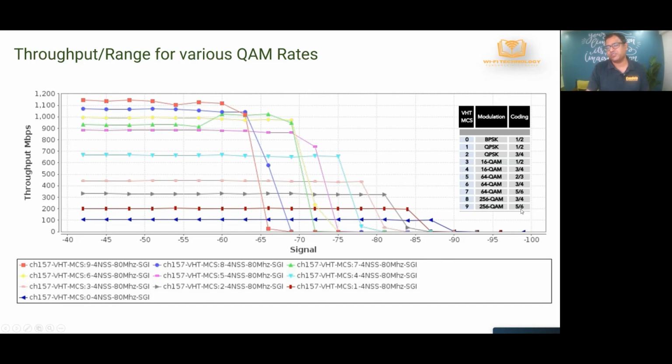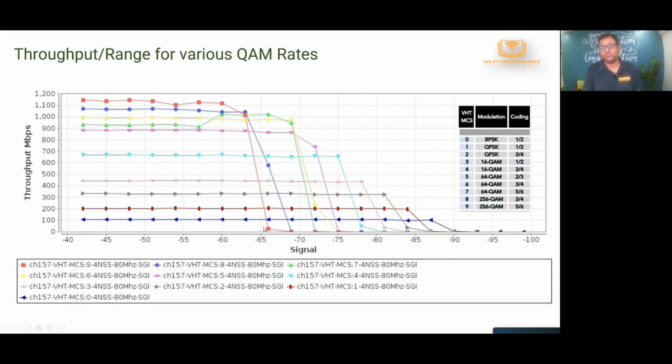There's only very little redundancy here, right? So this combination, 256 QAM and 5/6 coding, gives you MCS9, which gives you the highest throughput of all these combinations. But what you can see is the RSSI range is very limited: if the receiver is receiving the signal below -65 dBm, then the throughput goes to 0.